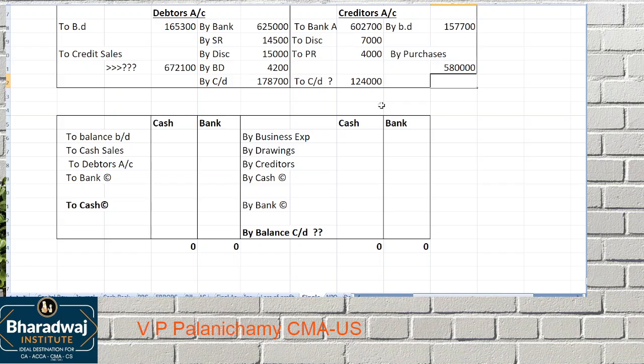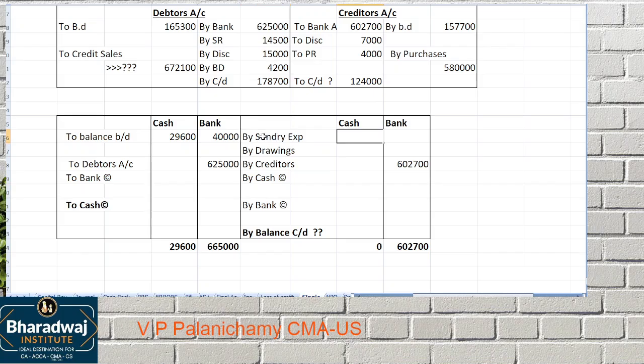What is the cash and bank opening balance given to us? Then what else will come here? Cash sales details are not available. How much have we collected from debtors? 6,25,000. For creditors, we paid 6,02,700. From cash expenses, we can take sundry expenses.